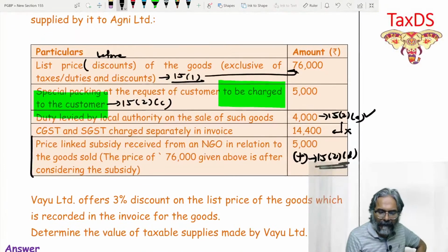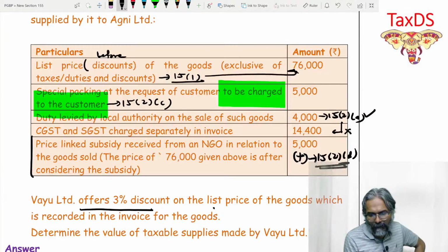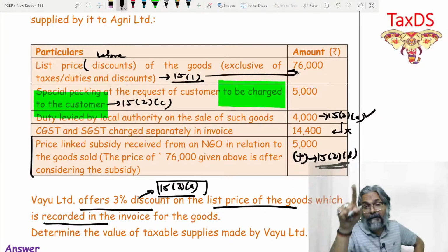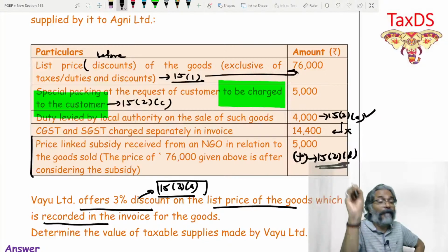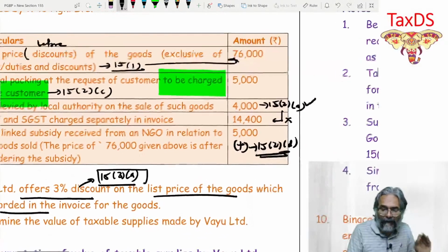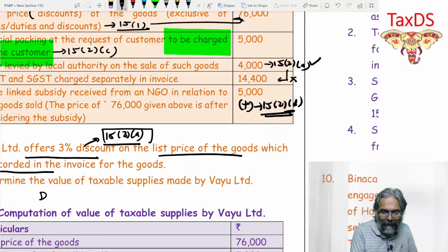Now, Vayu Limited offers a 3% discount on the list price of the goods, which is recorded in the invoice. Recorded in the invoice. So is the condition of 15.3a satisfied? Yes, satisfied. Now, for discount, students, always bear two things clearly in mind.